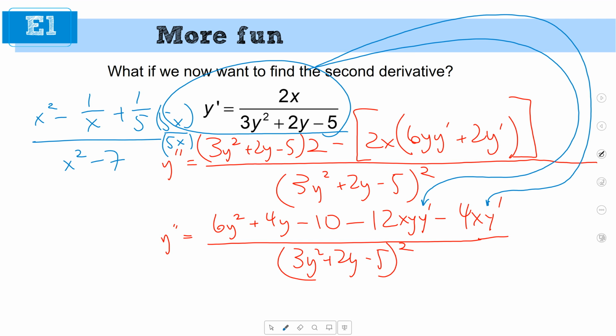So if we were to continue with that ugly equation, we'd get an ugly fraction within a fraction where I would have this 3y squared plus 2y minus 5 as a denominator, so I'd have to multiply the whole thing by 3y squared plus 2y minus 5 over 3y squared plus 2y minus 5.